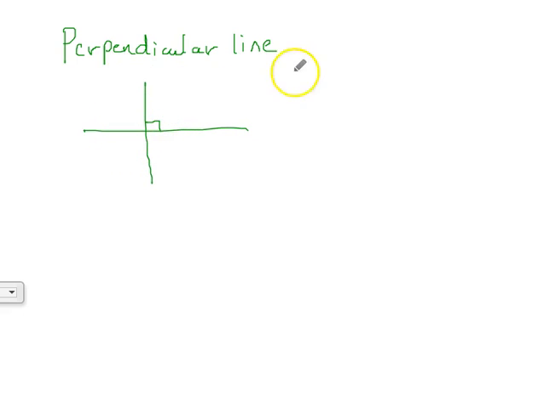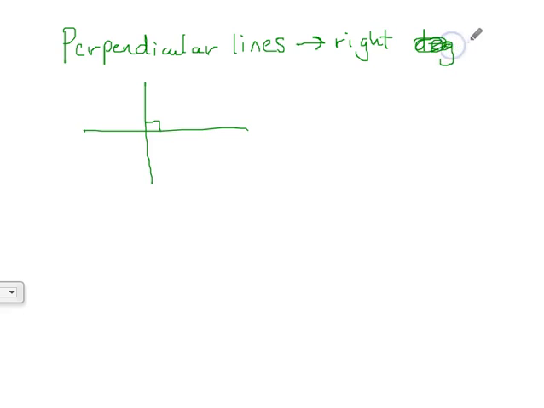Perpendicular lines. What do we know about perpendicular lines? They do intersect. Perpendicular lines intersect at a right angle. Perpendicular lines intersect at right angles. They're 90 degrees.